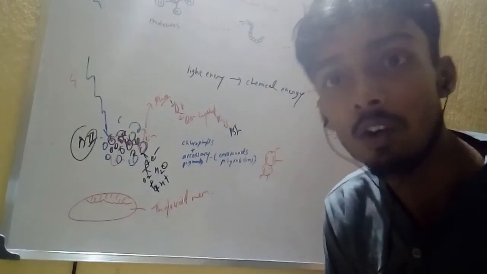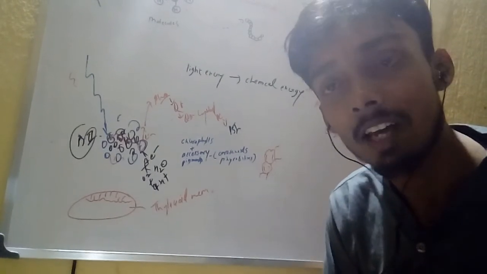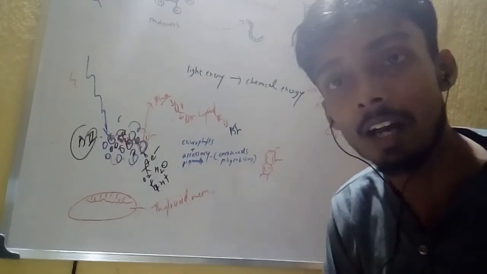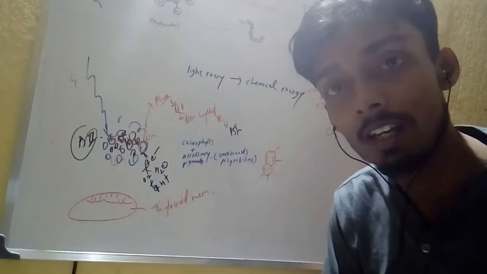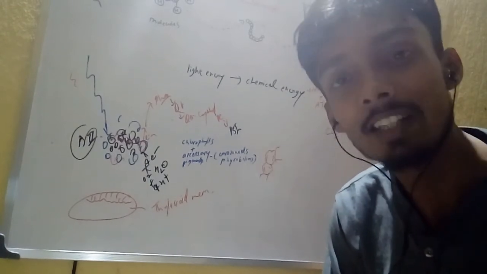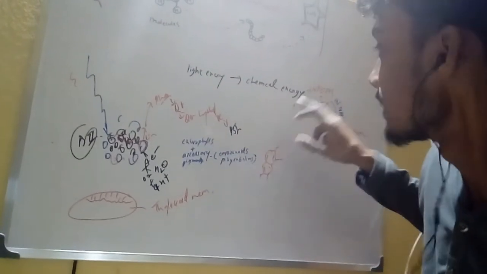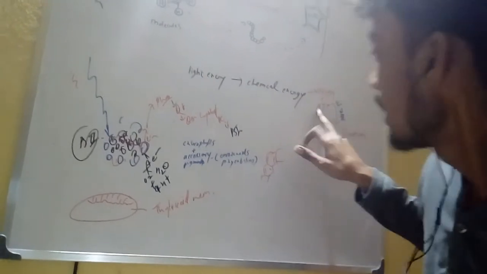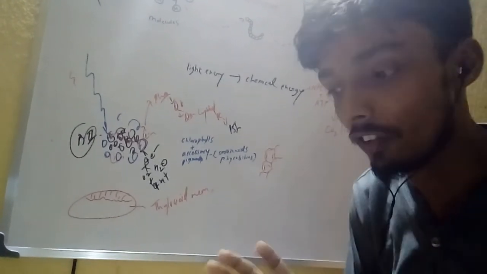I mean, bonds have energy, then why can't plants use those bond energies as food? Why do they fix this carbon? Actually, the whole thing is light energy is converted into chemical energy, which is NADPH and ATP, and ATP in turn fixes CO2 in the dark reaction.